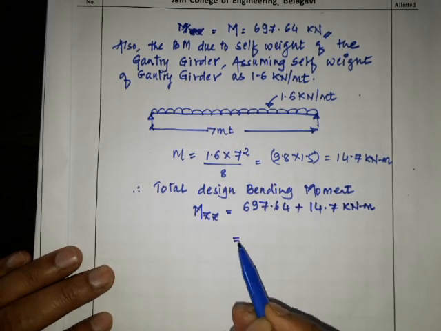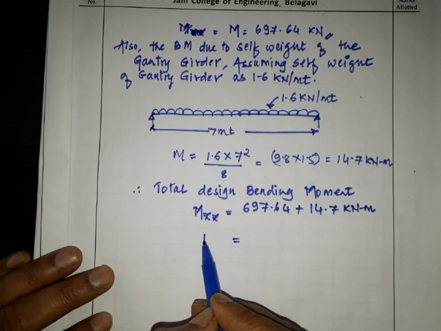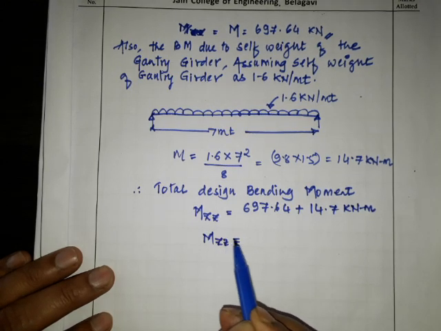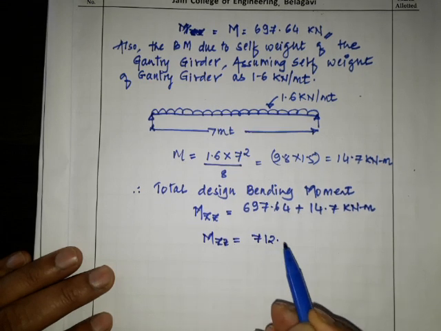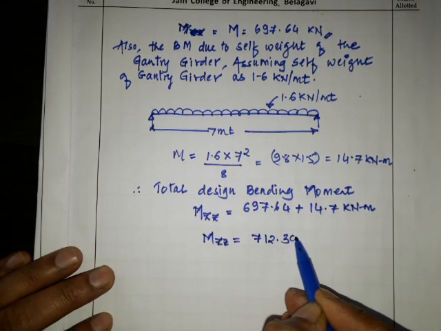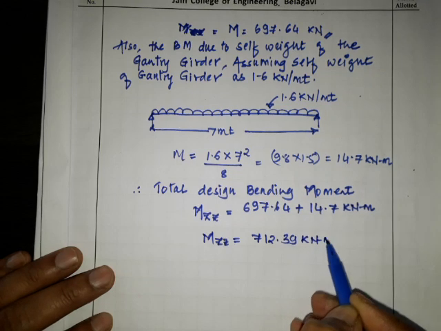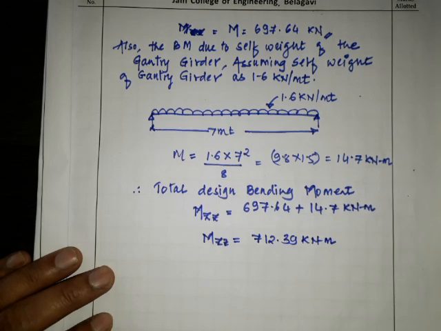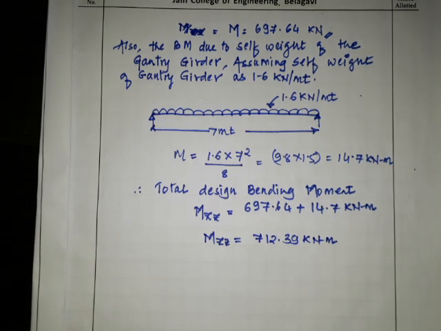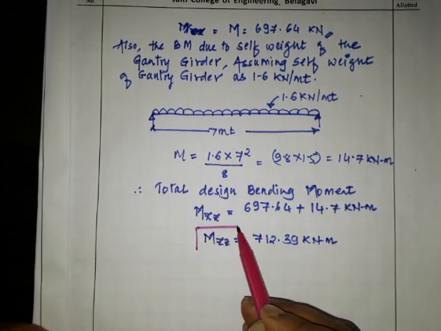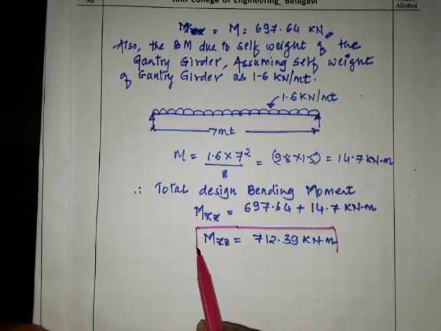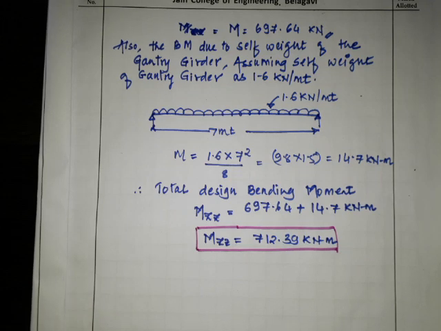So the total MZZ will be 712.39 kilonewton meter, correct? So this is the total moment with respect to the major axis. You have to consider, I'll just highlight here, 712.39 kilonewton meter.